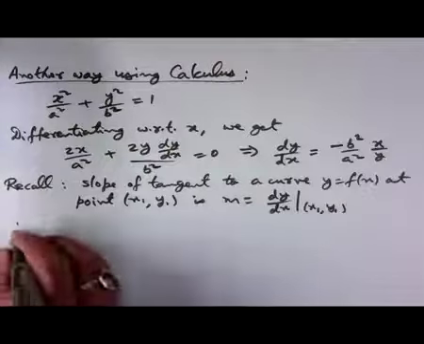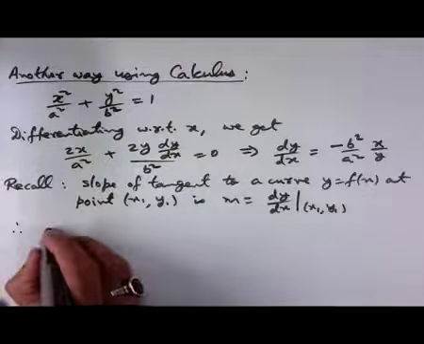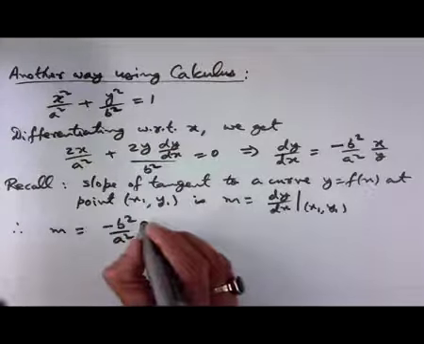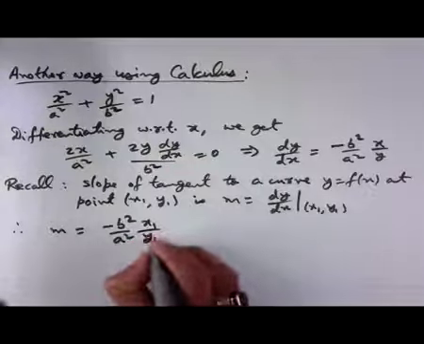So, therefore, the slope in this case will be minus b square by a square times x1 by y1.